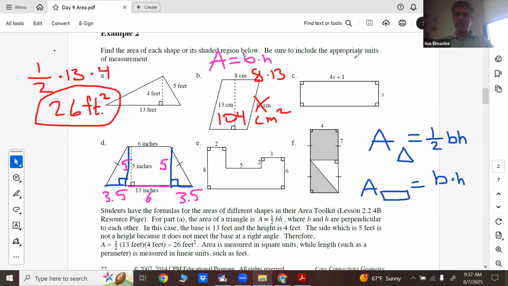Okay, for C, I'll call this the base. We'll call it the height.